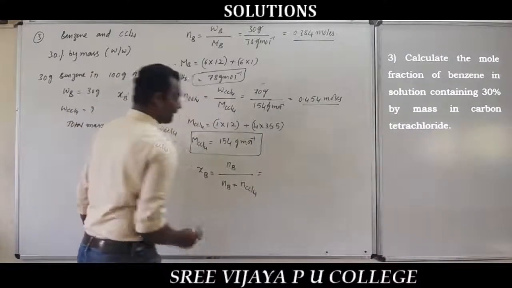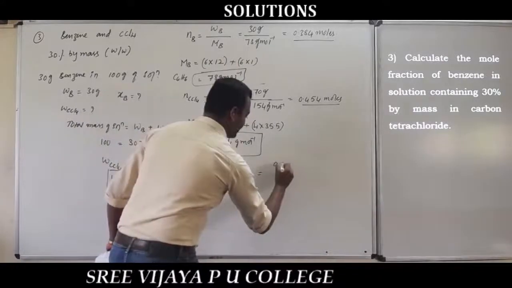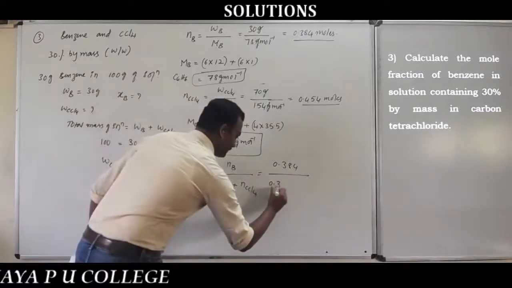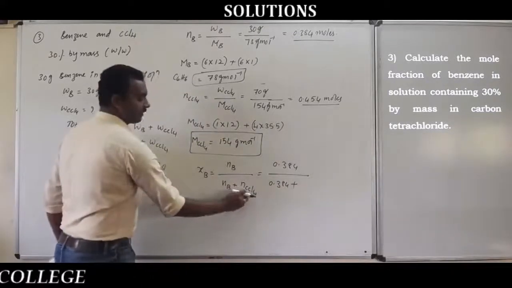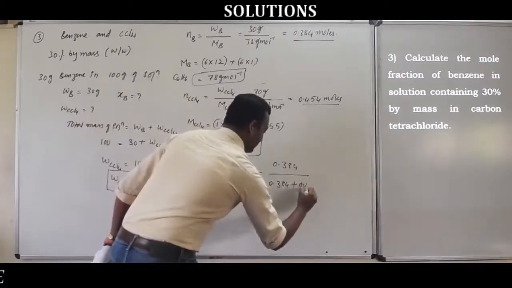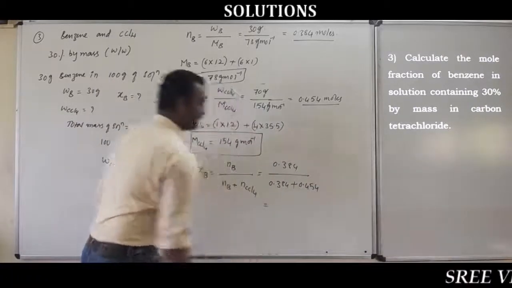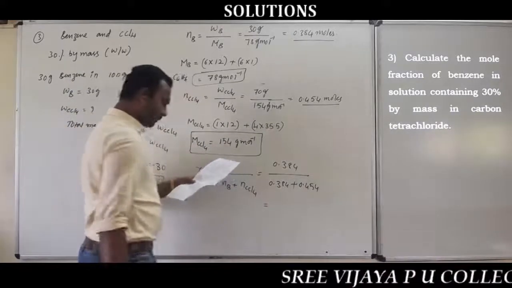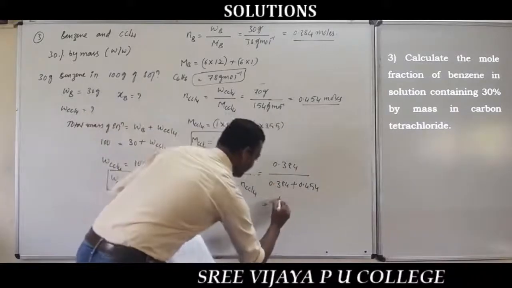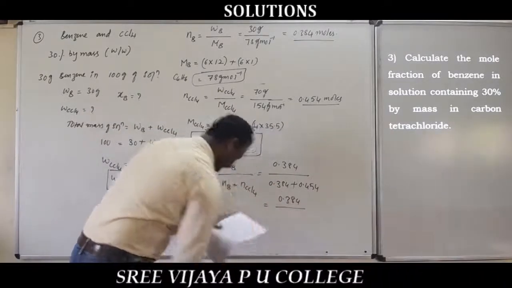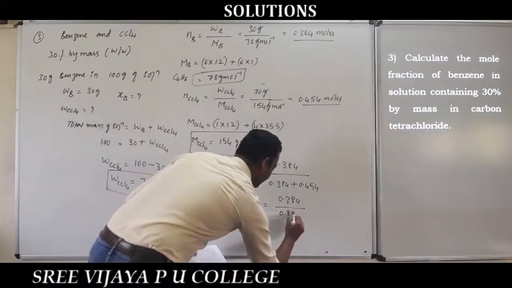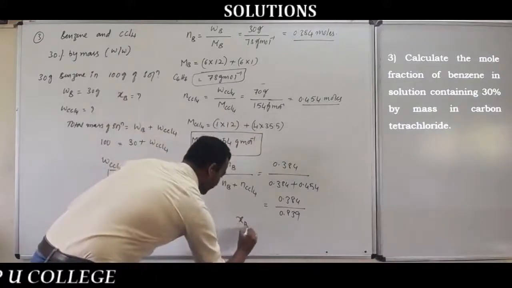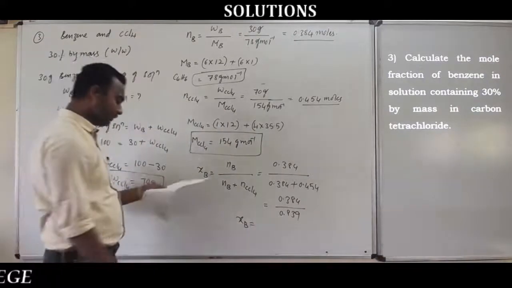That is 0.384 moles divided by 0.384 plus 0.454. Simplifying, 0.384 divided by 0.839.